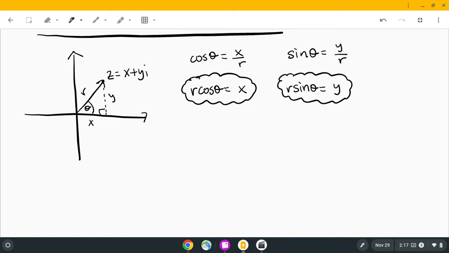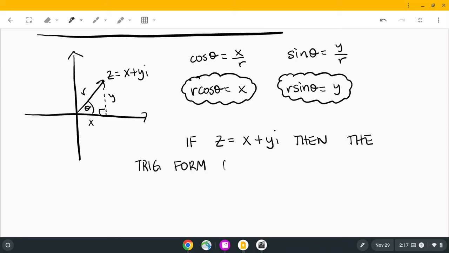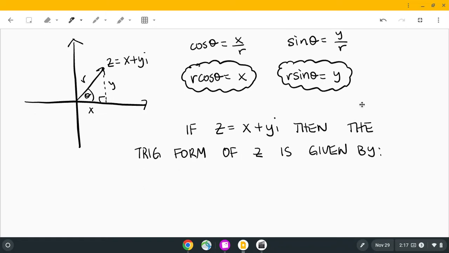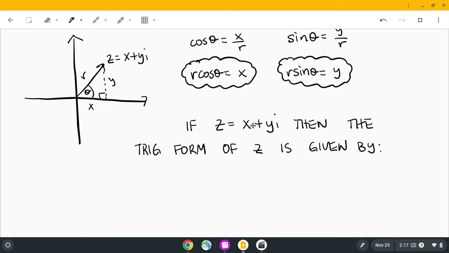So it turns out that if z is a complex number equal to x plus yi, then the trig form of z is given by, well, if this is our standard form of our complex number, z equals x plus yi, where x and y are some real numbers, right?